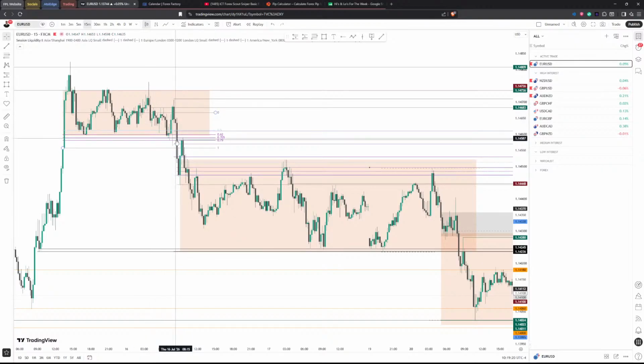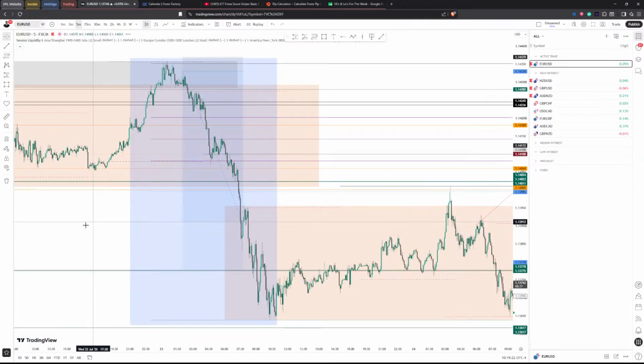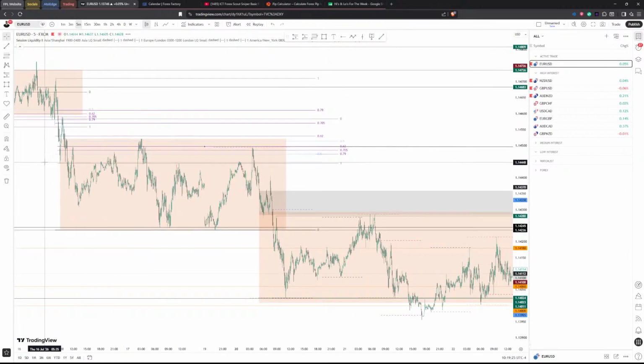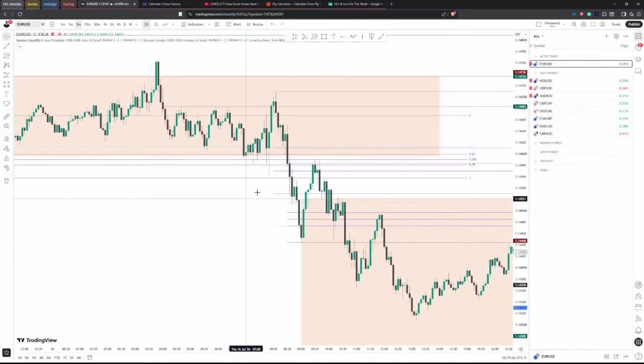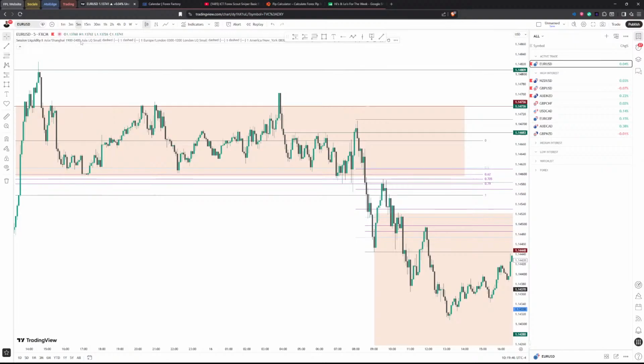Oh, sorry, right here. Maybe on 5 it might be cleaner. Yeah, we have a small one here. After we sweep the highs, that will be entry. Price didn't come up to it, to be fair. And then yeah, you have an order block created, another sweep. Not really a displacement here, but then maybe one here. But you maybe wouldn't have been able to get into this one as cleanly. Maybe on the 1 minute, 3 minute, you might have been able to find something.